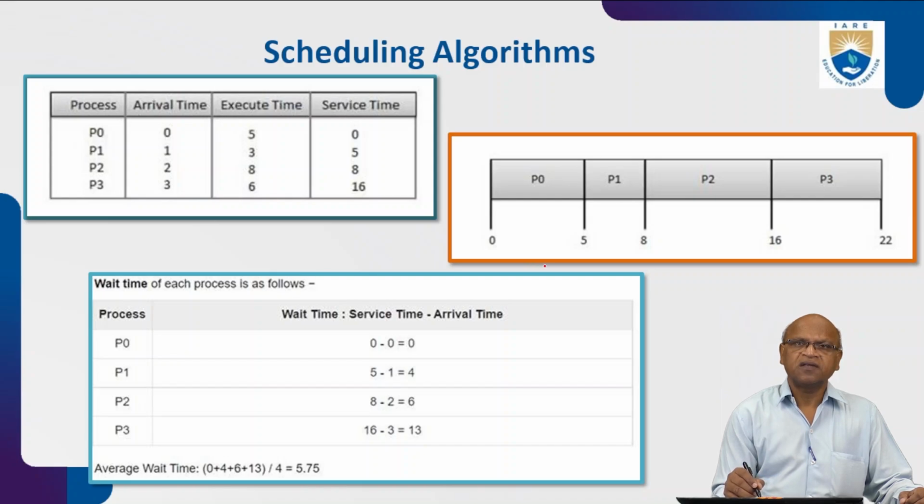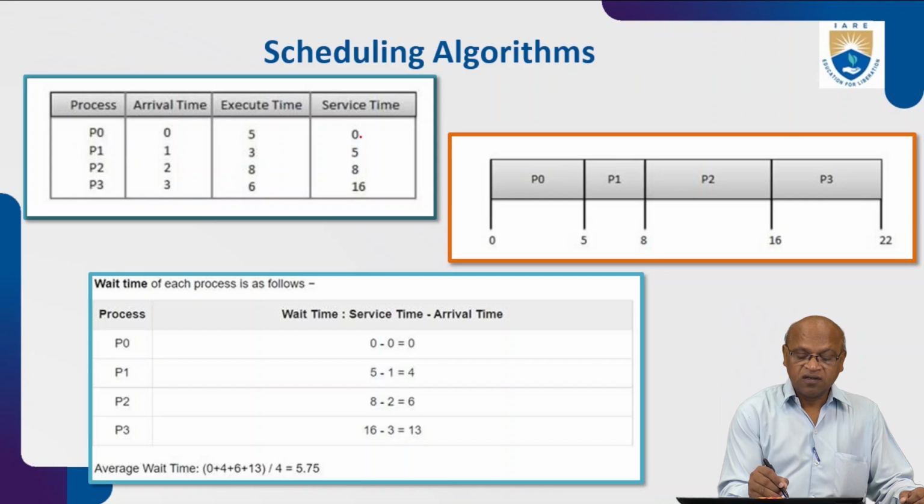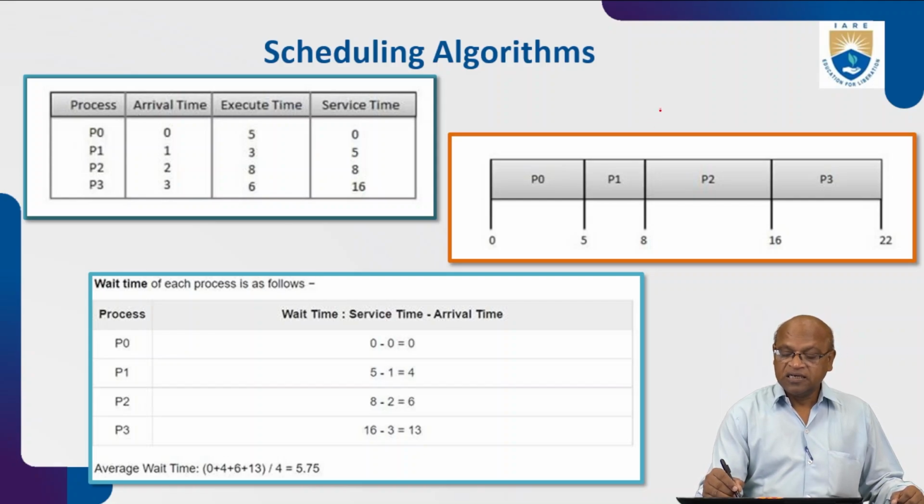Then this is service time. Initially the service time is 0. Next P1 will start at 5. You can keep accumulating, so you will get 16. This is the Gantt chart.